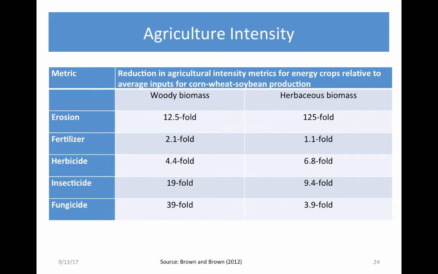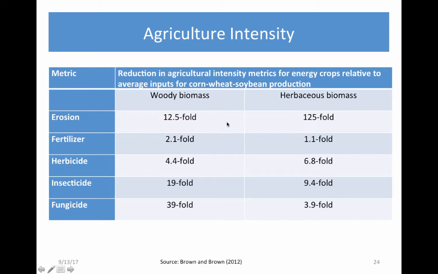In addition to the potential increase in fuel productivity, producing ethanol from cellulosic biomass also has additional benefits to soil quality and agricultural land. This table compares woody biomass energy crops and the corn, wheat, soybean crop production system. The numbers in this table show the reduction in agriculture intensity.